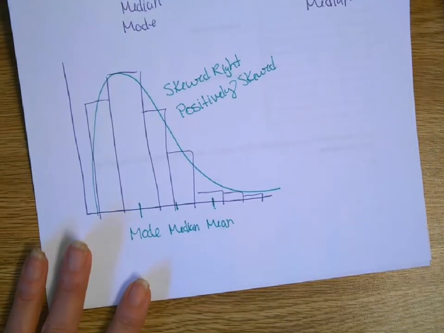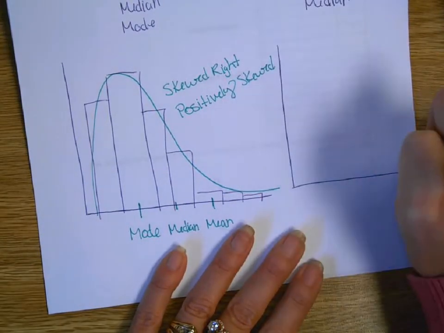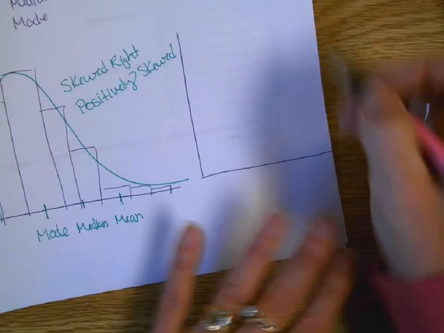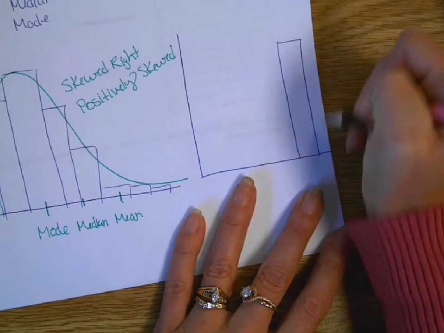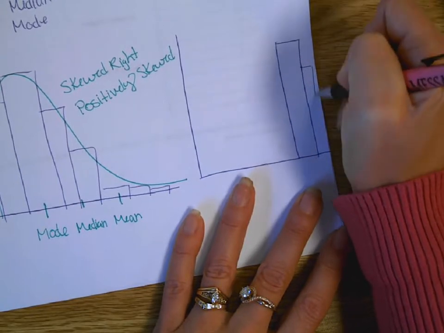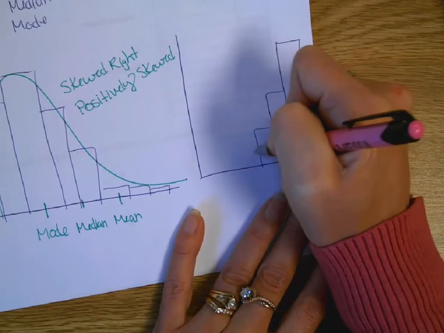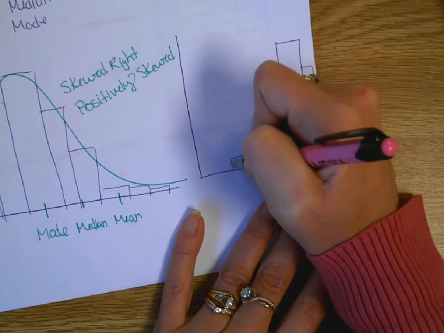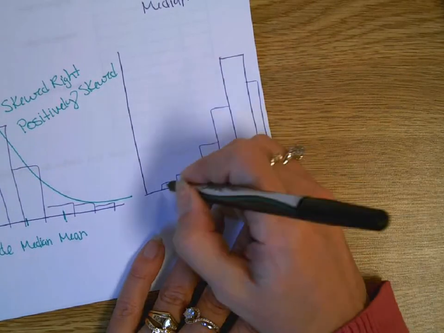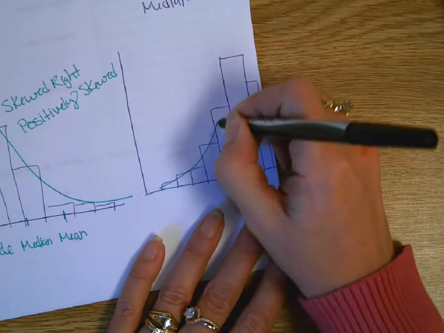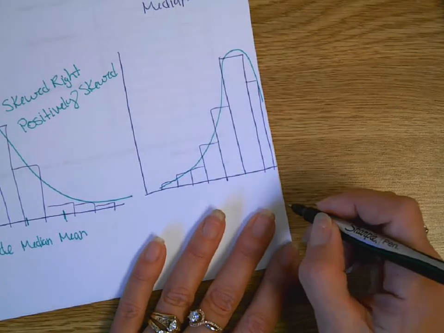Okay, and then the other side of the coin, I think you know what's coming. Here, our mode is going to be, a really tall bar is going to be down here. You might have another bar or two after it that's a little lower, but on the start, they're all really low. So here the graph starts low, and then most of your data ends up down here to the right on the x-axis.